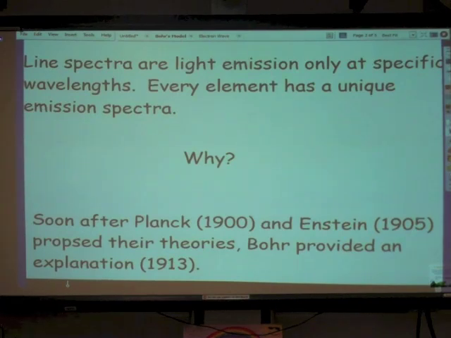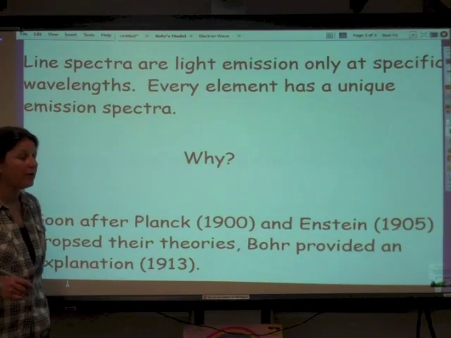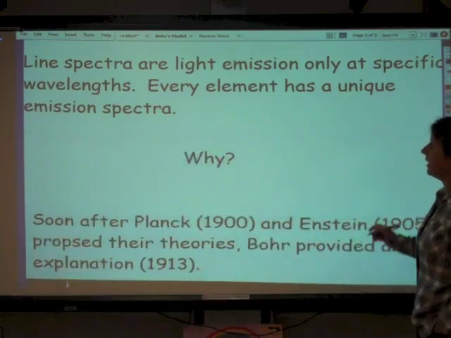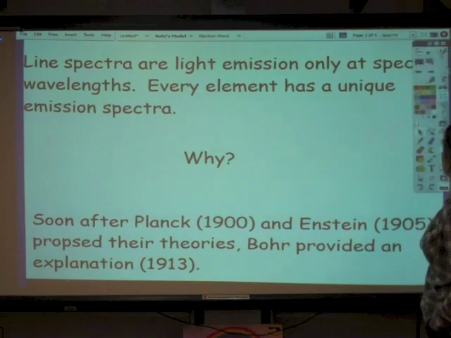So in 1913, Bohr was pondering these line spectra that energized elements give off, and using the ideas of Planck and Einstein, he came up with an idea that revolutionized our idea of what an atom actually looks like.